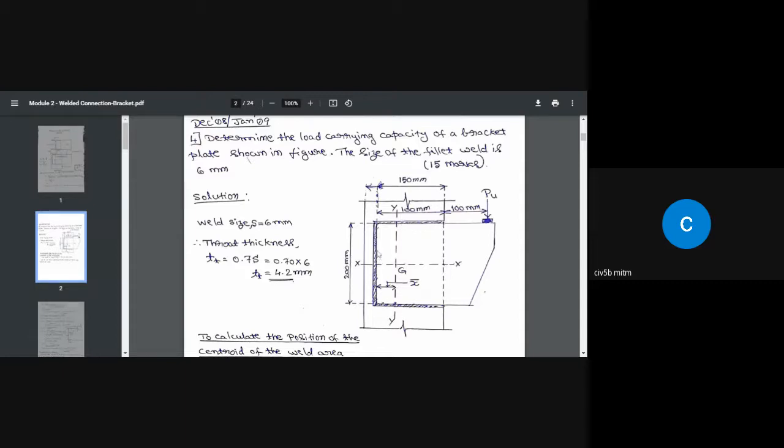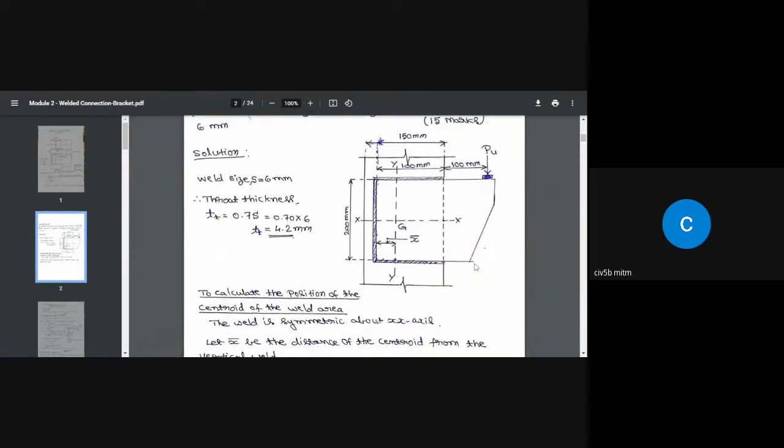So to get this line, we need to find this distance with reference to this line. Once you find this distance, x bar, go by that distance horizontally and draw a line parallel to this. Wherever these two lines meet is the centroid. Once you know the location of the centroid, from the centroid to the line of action of this force, find the perpendicular distance, which will serve as the eccentricity.